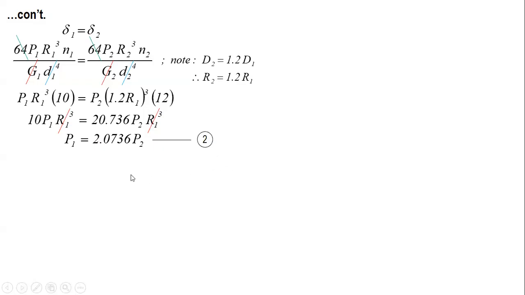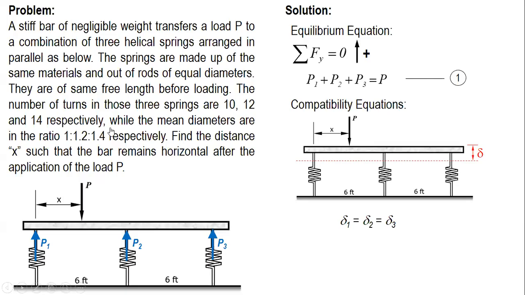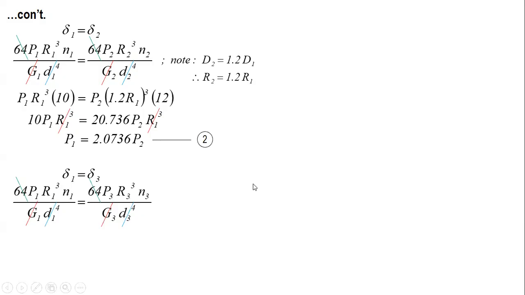And then the next equation or condition is delta 1 equals delta 3. You can also use delta 2 equal to delta 3. Same expressions. 64, G1, G3, D1, and D3 cancel. And then from the ratio of the mean diameters, D2 is 1.2 D1, D3 is 1.4 D1.